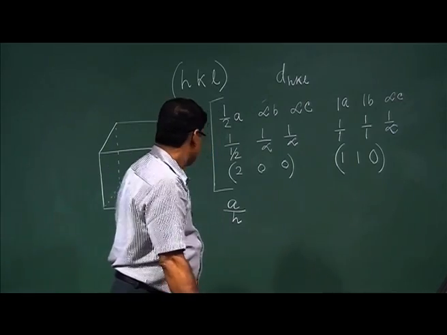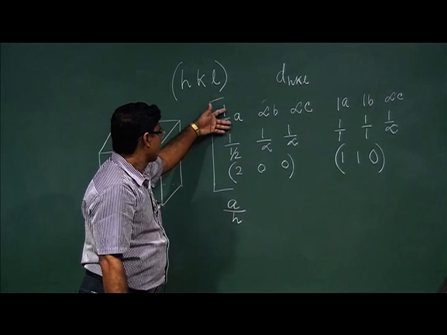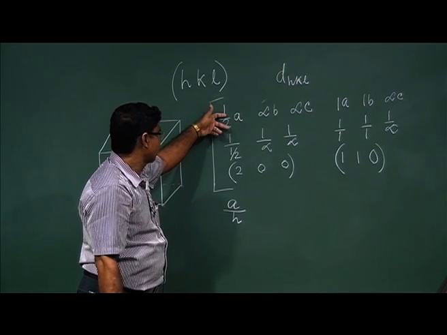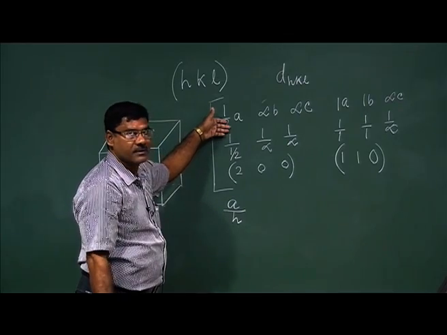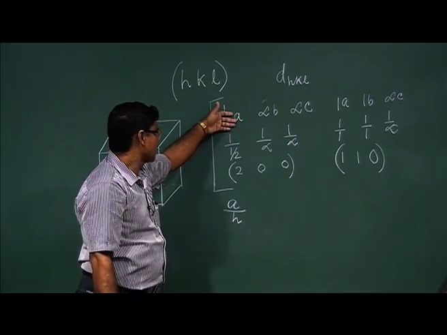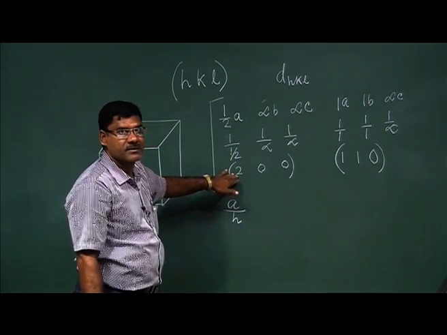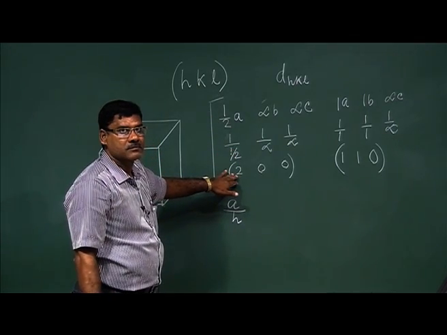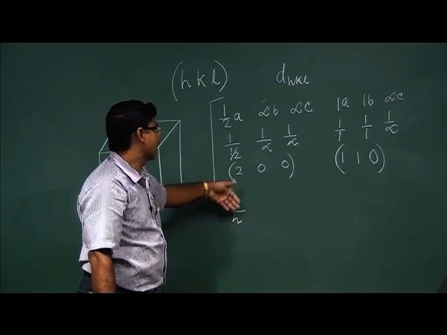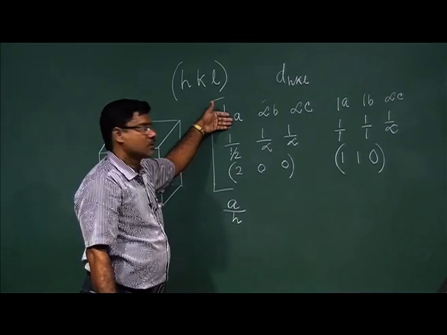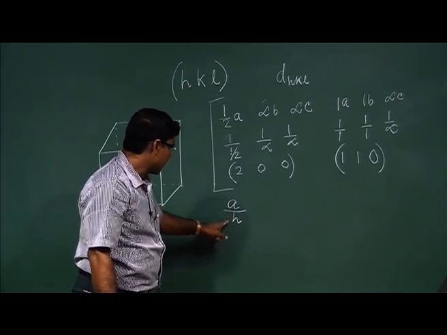Because h, as you can see from here, was half a, it intersects at half a, but to get the h we took the reciprocal and simplified it. Now, from h, if we want to get the intercept, we again have to take the reciprocal of this h: 1 by h times a.